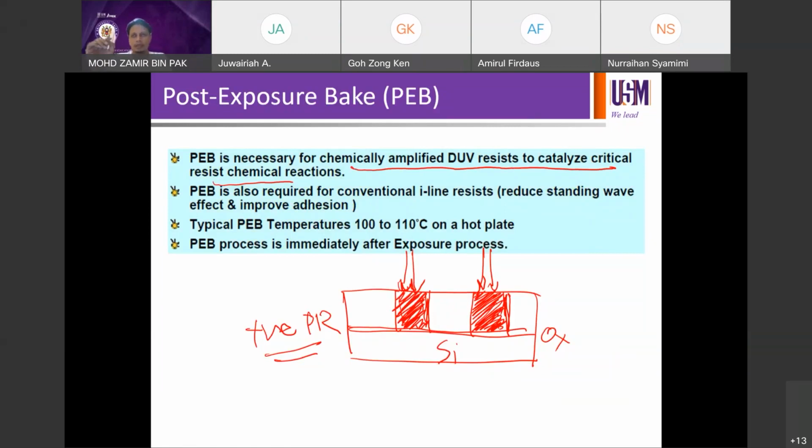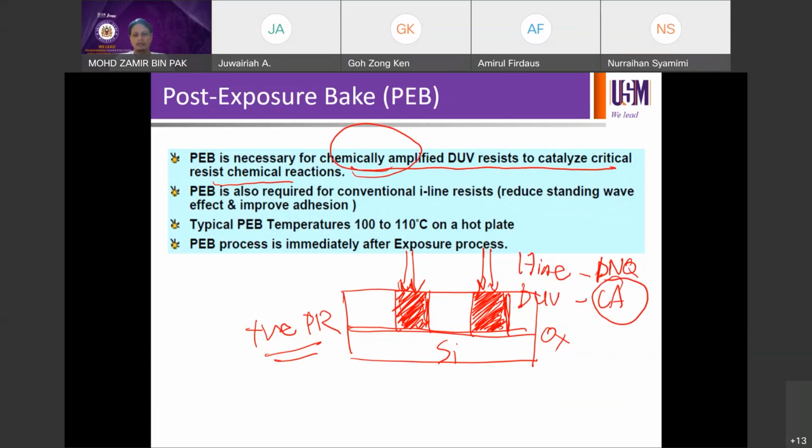Then when we talk about the resist, there are a few types of resist. For example, the resist used on I-line systems, we normally call DNQ resist, DNQ Novolac. For DUV resist, we normally call it CA resist, chemically amplified resist. For this particular example, we're talking about this chemically amplified or CA resist.